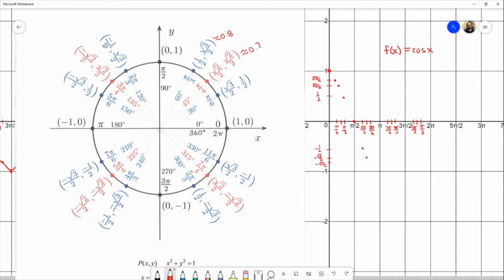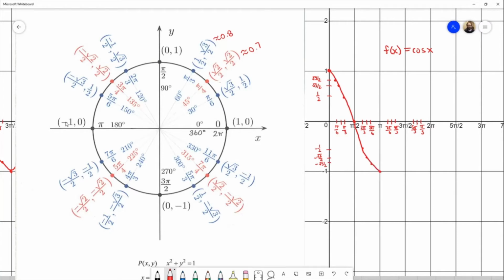And at 5 pi over 6, the x-coordinate of the corresponding point is negative root 3 over 2. And then when our input is pi, the point that corresponds to an angle of pi, the x-coordinate there is negative 1. So here we've got a half period of points to plot. And if I connect those dots, something that looks like this.